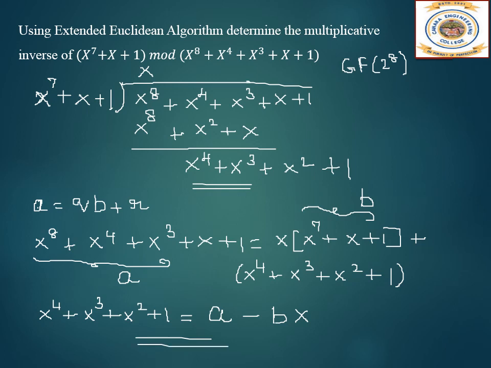This remainder is nothing but R1, so R1 is equal to A minus Bx.